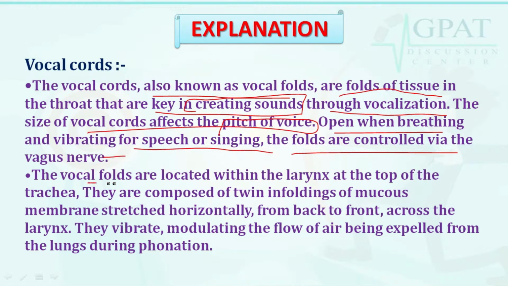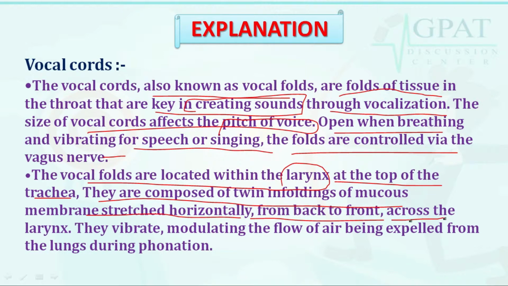The vocal folds are located within the larynx, which is asked in the question, at the top of the trachea. They are composed of twin infoldings of mucous membrane stretched horizontally from back to front across the larynx. They vibrate, modulating the flow of air expelled from the lungs during phonation.